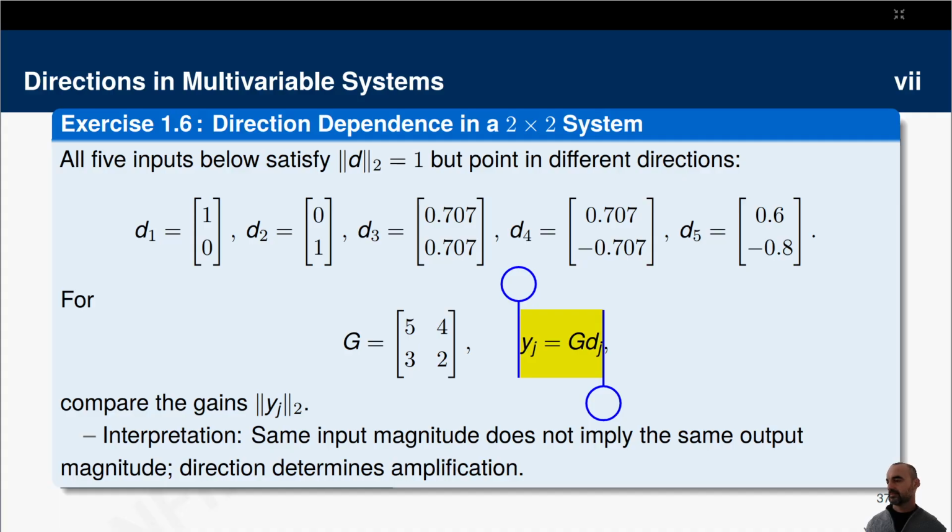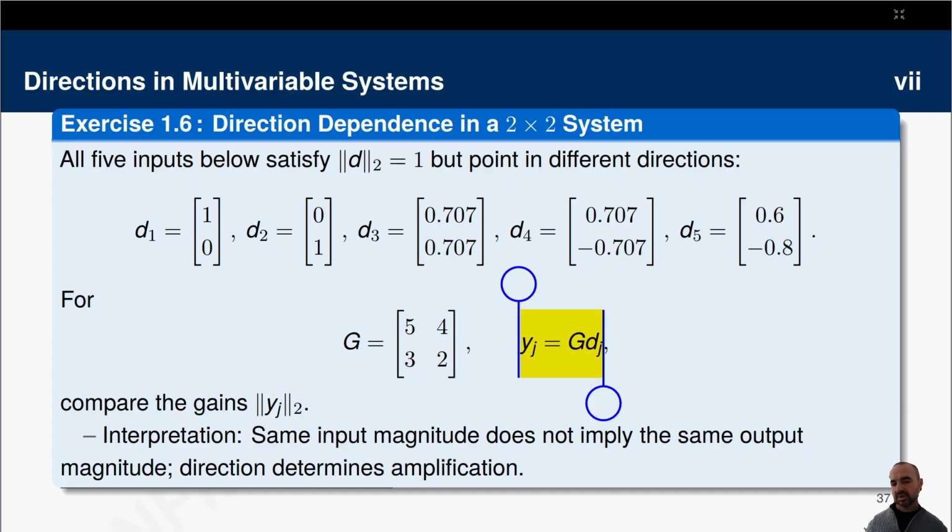In other words, you can think about 0.707, 0.707 and D4, which points in a direction that makes a certain angle with this first direction, and how that affects the output.